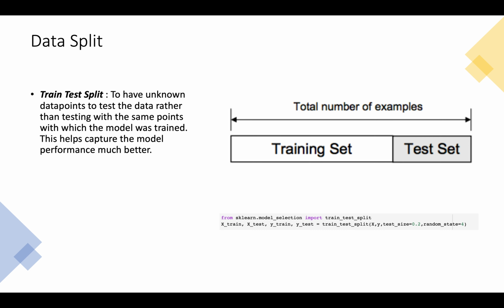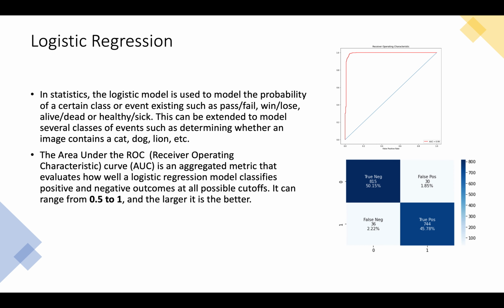For our classification, we first did the data split. Train test split uses unknown data points to test the model rather than testing with the same points with which the model was trained. This helps capture the model performance much better. The first method we use to build our model is logistic regression.